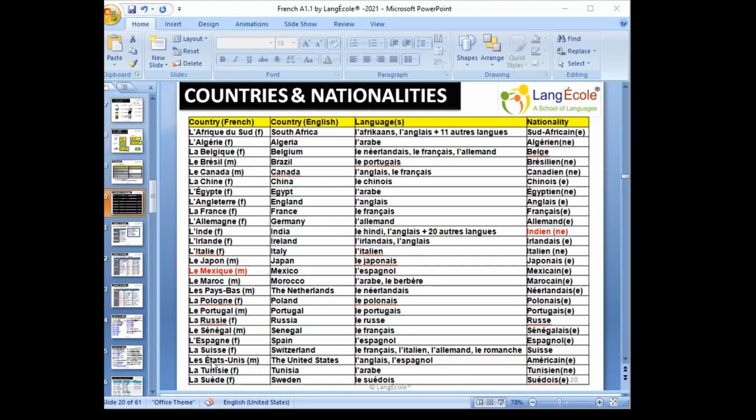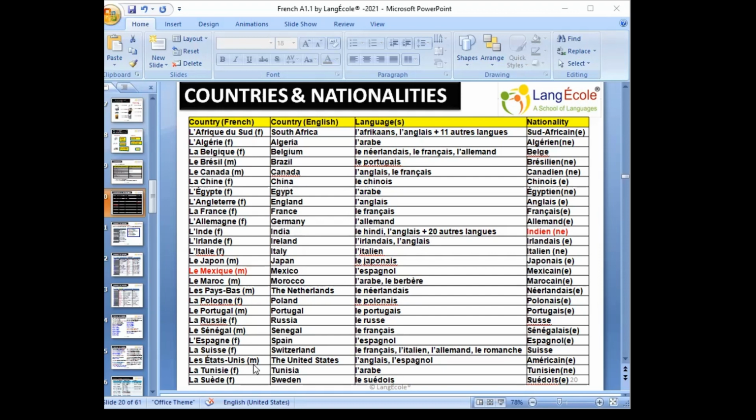Then again, there is a liaison with États and Unis, the S and U. Les États-Unis. Clear? Yes. The rest you can practice more and more.